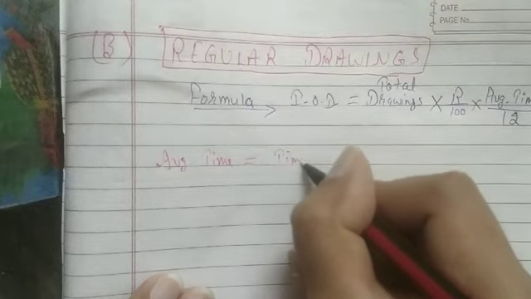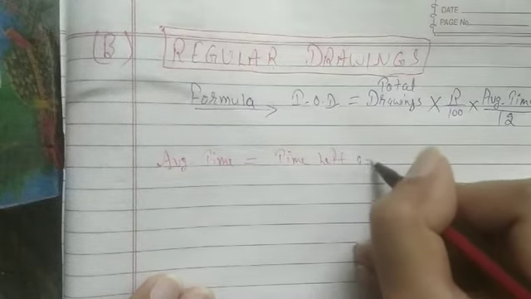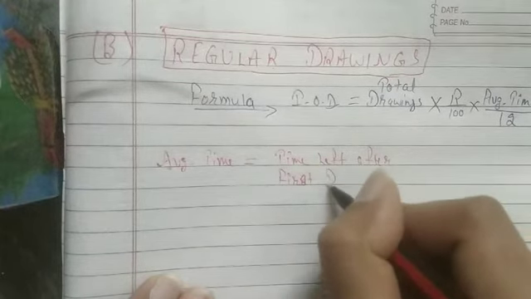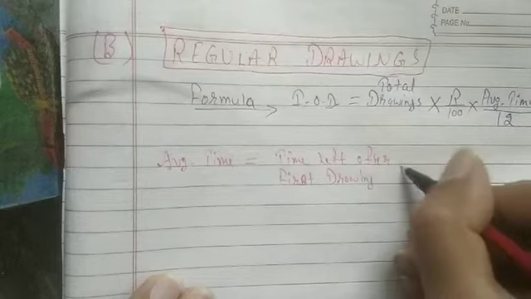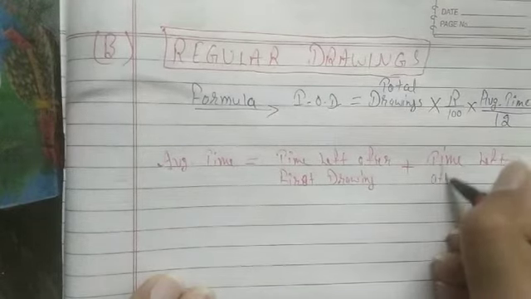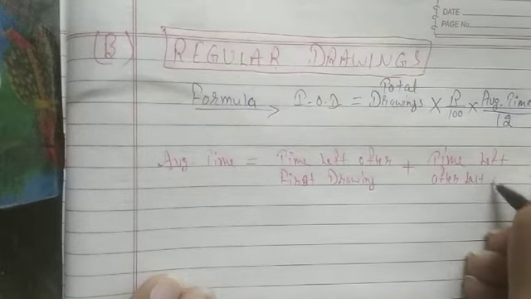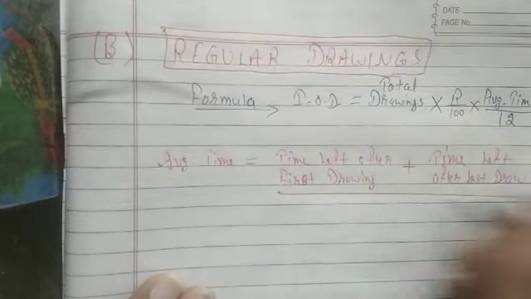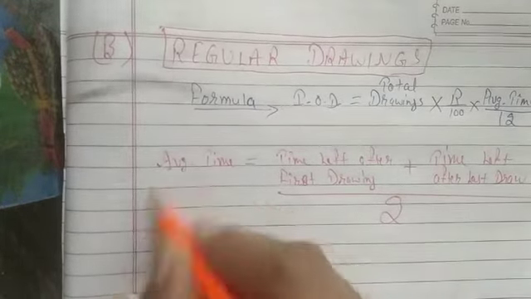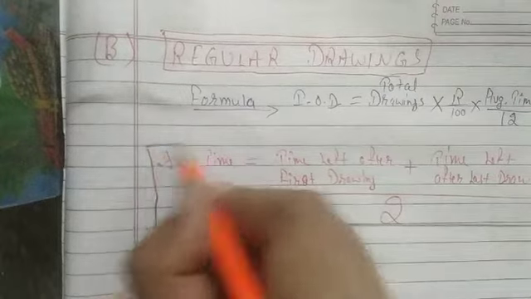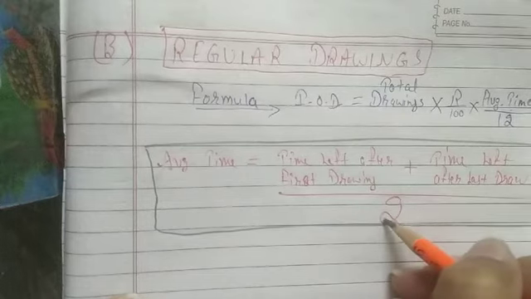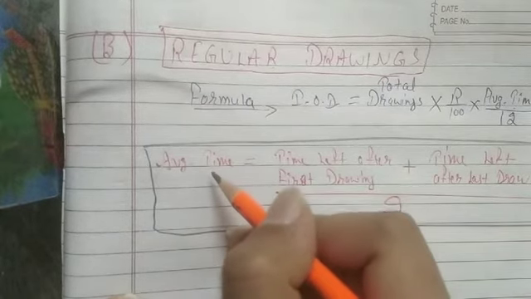Time left after first drawing plus time left after last drawing divided by 2. Fine. How to calculate average time? Time left after first drawing plus time left after last drawing divided by 2, you will get the average time.